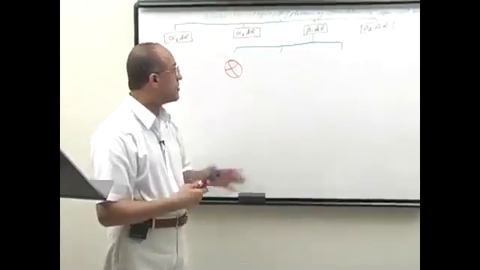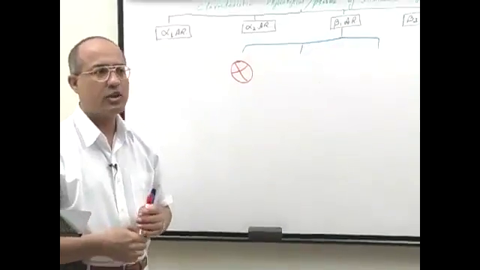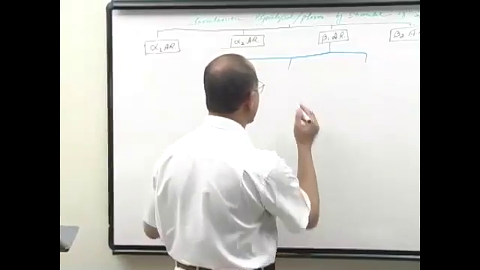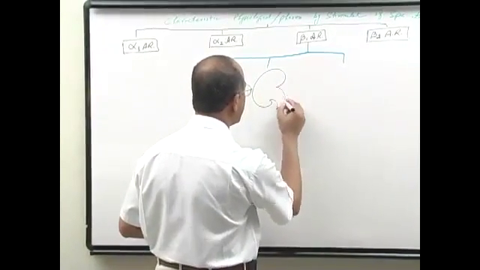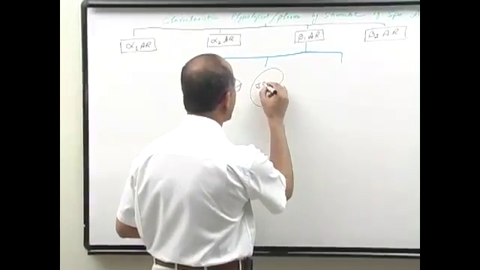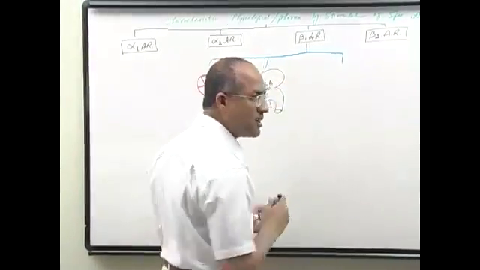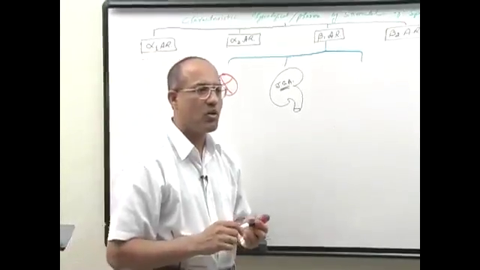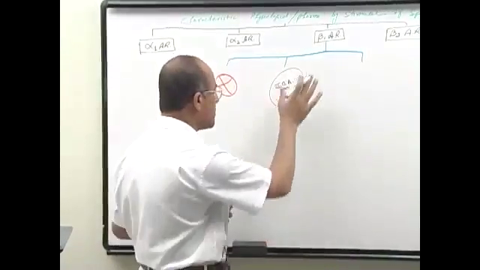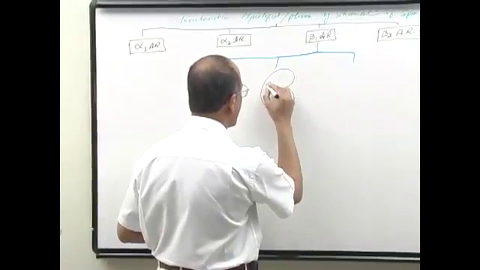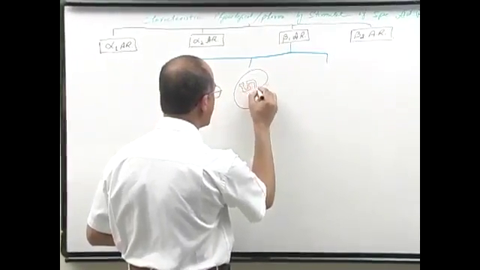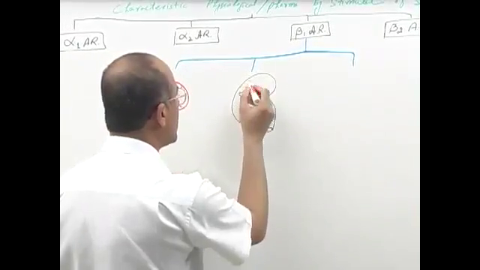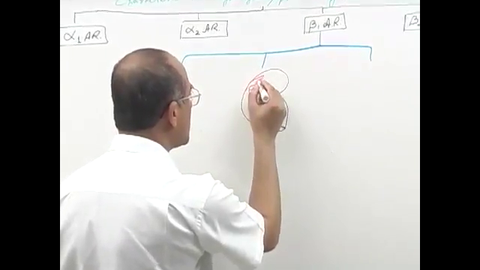Then we come to the second tissue on which beta 1 receptors are present abundantly. If you remember the previous lecture, there was the juxtaglomerular apparatus in the kidney, and the juxtaglomerular apparatus also has a lot of beta 1 receptors. This is the macula densa. Here are your afferent and efferent arterioles, right?